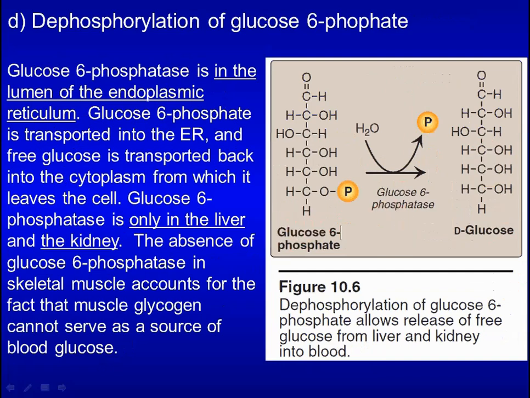This enzyme is in the lumen of the ER. Glucose 6-phosphate is transported into the ER, and free glucose is transported back into the cytoplasm, from which it leaves the cell through the GLUT2 transporter. Glucose 6-phosphatase is only in the liver and the kidney.